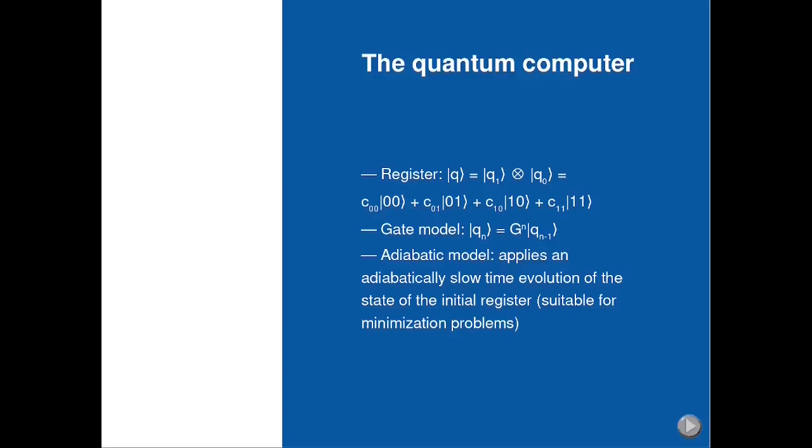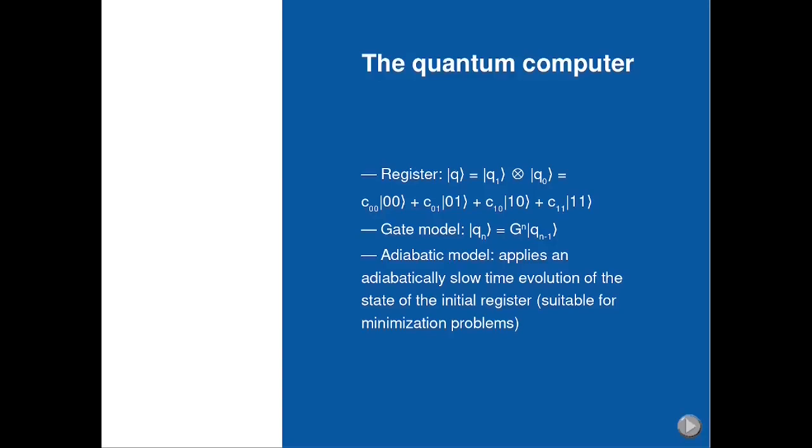A quantum register is initialized, and after the action of a certain number of gates, the circuit is finished and the computation reaches a result.